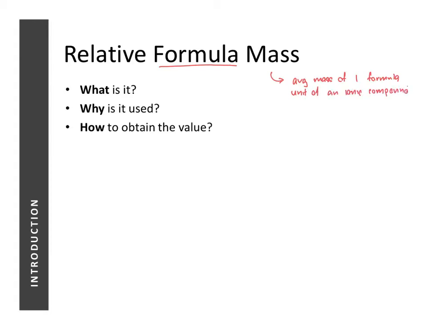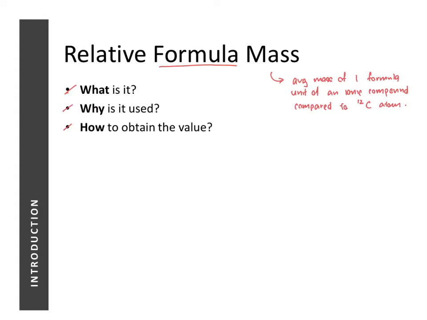Again, since it's relative, it's compared to 1/12 the mass of a carbon-12 atom. Same reason why it is used, because it makes the value more convenient to handle. How do we obtain the value? Same as relative molecular mass, we simply add up the atomic masses for all the atoms found in the formula unit of the ionic compound.